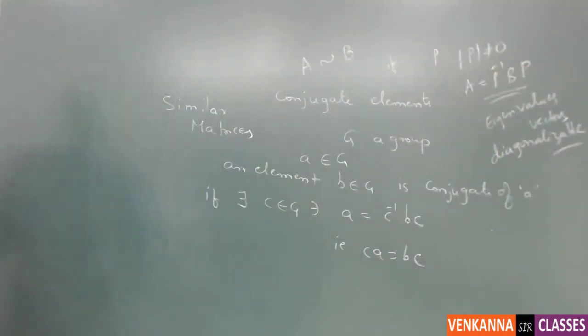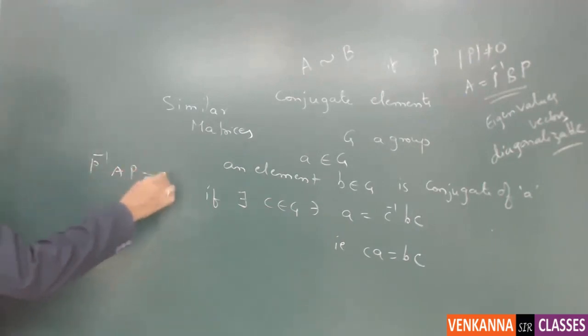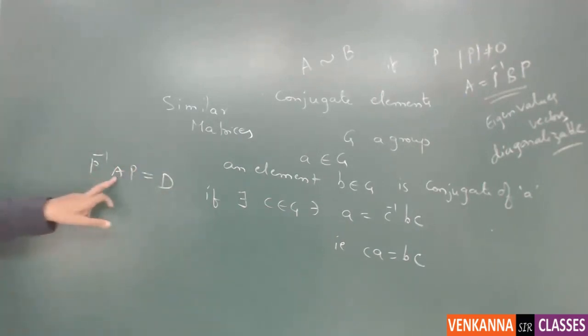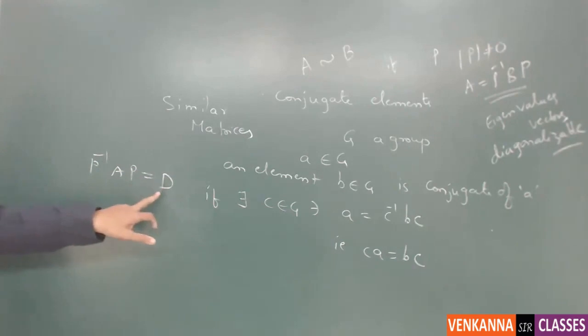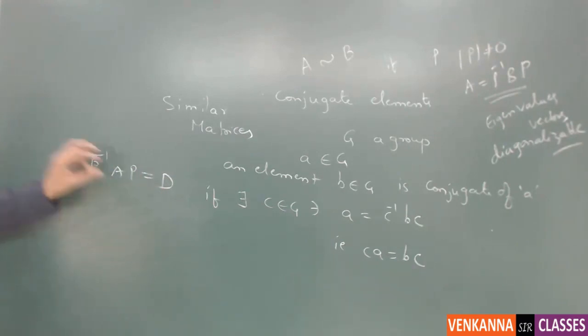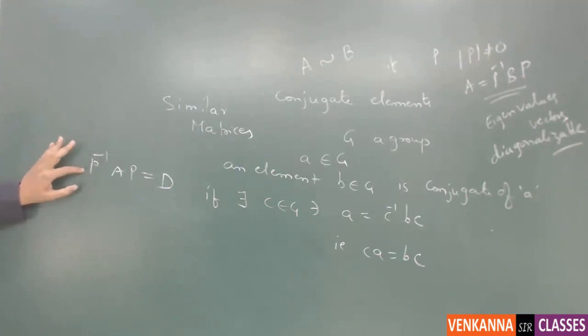Can you have the idea? There we mentioned that P inverse AP is equal to D, we say that the matrix A is similar to the diagonal matrix D because we have calculated a new matrix P, which is a non-singular one, from the eigenvalues and eigenvectors.